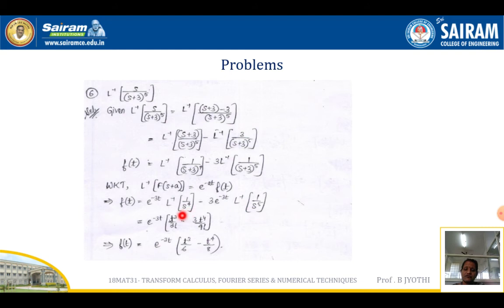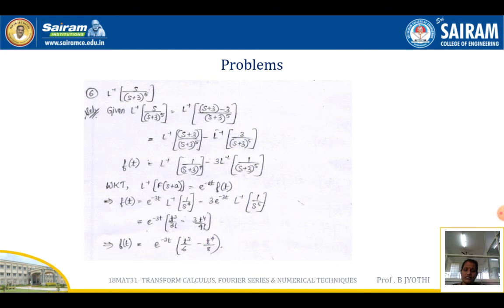This s power 4 can be written as s power 3 plus 1. Thereby, we get t cube divided by 3 factorial minus 3 into this s power 5, again can be written as s power 4 plus 1. Thereby, the inverse of that will be t power 4 by 4 factorial.